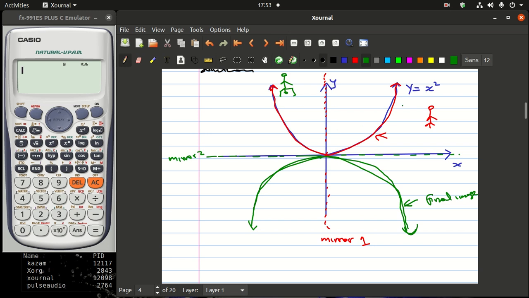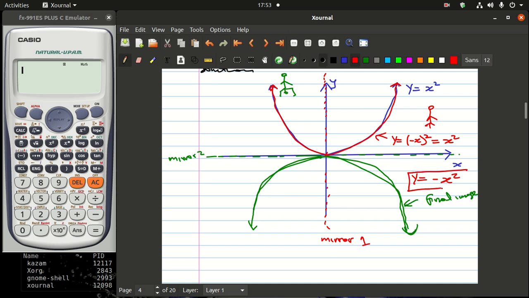Now if you look into this, you will find that the first reflection, which is y is equal to minus x squared, is the same as just x squared. That is why they are just overlapping. And when you look at the second mirror, you will find that the final image will be this one, which is just y is equal to minus x squared.